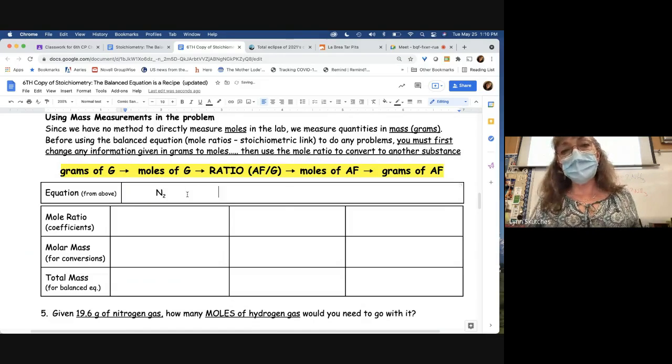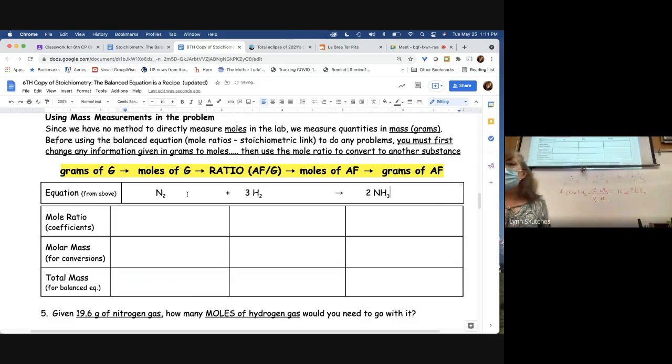I'm going to type it in right now so it lines up. Plus 3 hydrogens make 2 ammonias. Okay, so it's a 1 to 3 to 2 proportion.